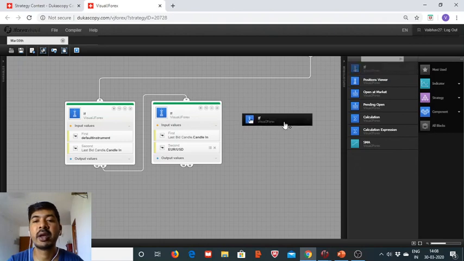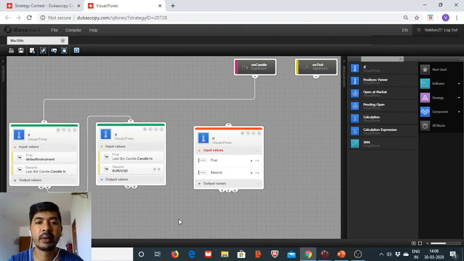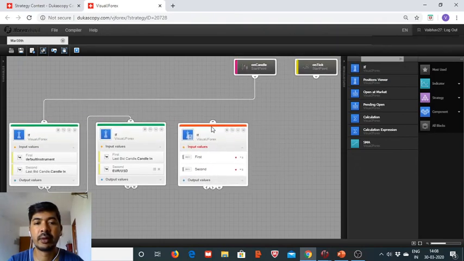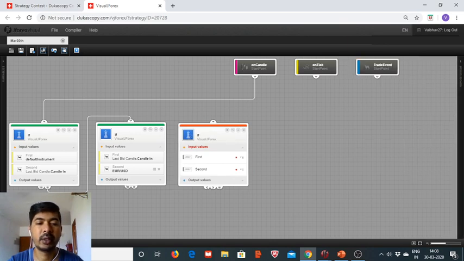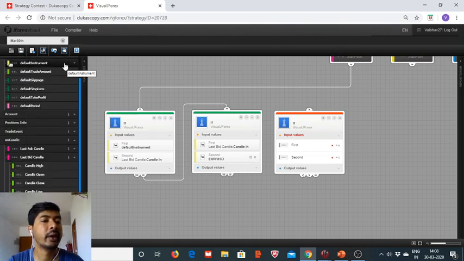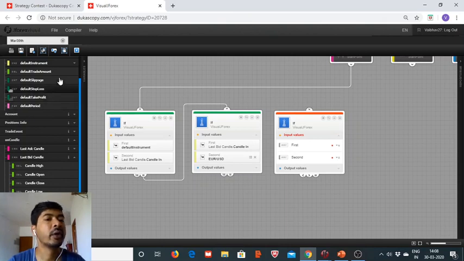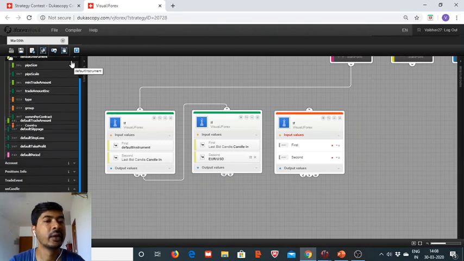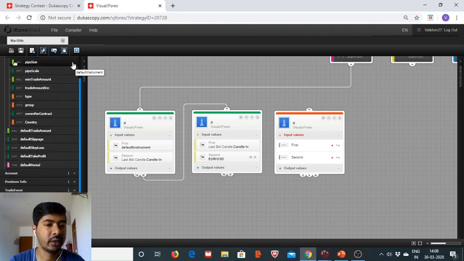Now we define the position amount. Position amount should be 0, and for that we want the position info.